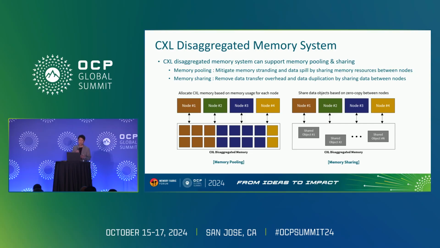I'll explain it later, but we provide a memory pooling solution that can dynamically allocate or deallocate the disaggregated memory resources for each node. And memory sharing can reduce the data transport overhead and data duplication issues by sharing data or objects between the multiple nodes.